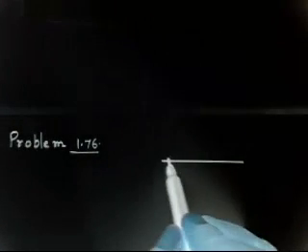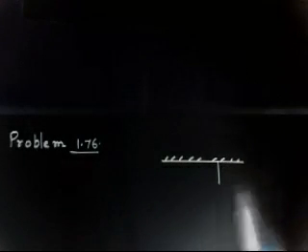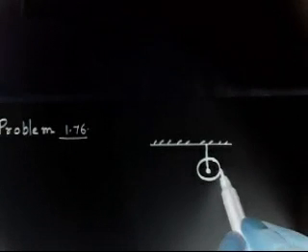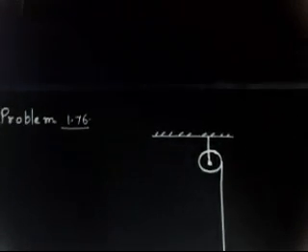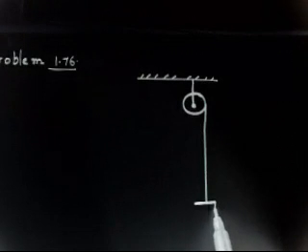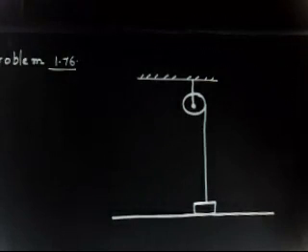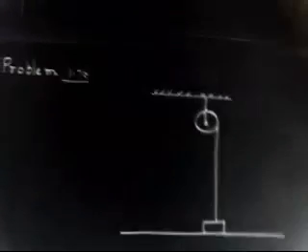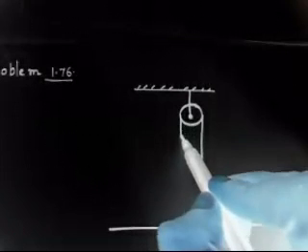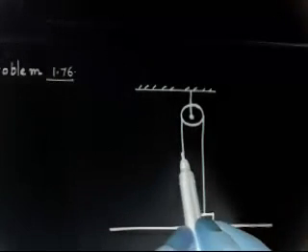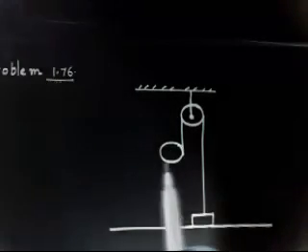So the diagram is given, there is a figure you can see in your book, and this is a surface. There is one pulley that is attached. So this is the pulley, and now there is a mass that is connected through this side, slightly at a lower position. This mass is kept on a horizontal surface, and there is a rope that is connected, and this is again connected through another pulley.